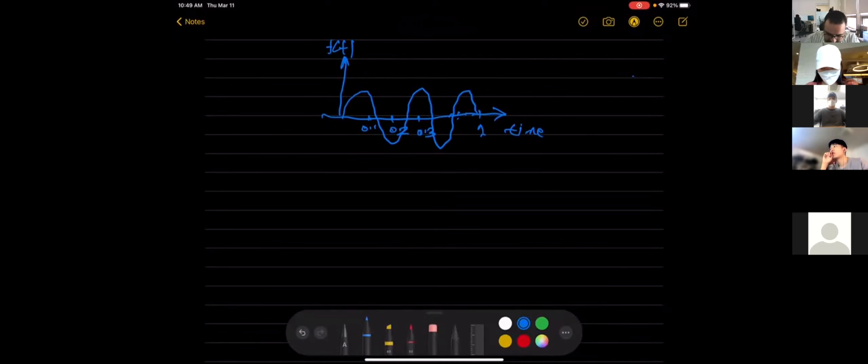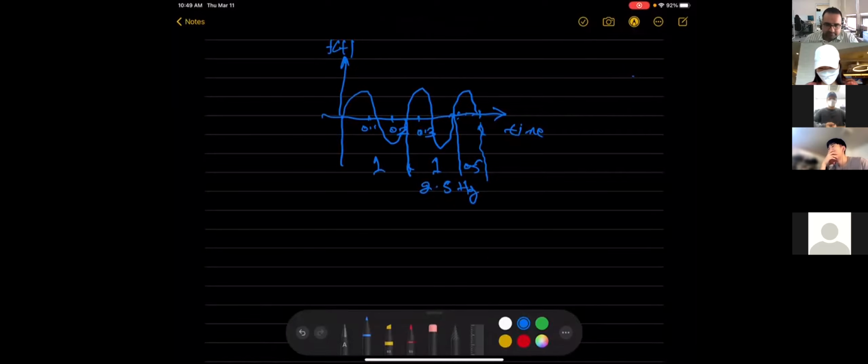I have one cycle completed here, then another cycle here, and half of a cycle here. So 1 plus 1 plus 0.5, it is 2.5, and the unit of frequency is hertz. So the number of cycles completed per second is called the frequency.